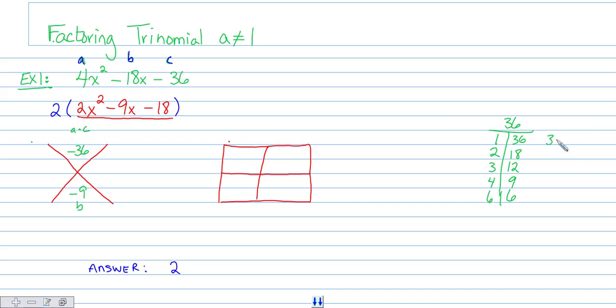Then you just go through and say 36 minus 1, because we're minusing right here, equals 35. 18 minus 2 equals 16. 12 minus 3 equals 9. Ooh, that looks like the one. Let's keep going. 9 minus 4 equals 5. And then 6 minus 6 equals 0. So we notice that 12 and 3 are our numbers.